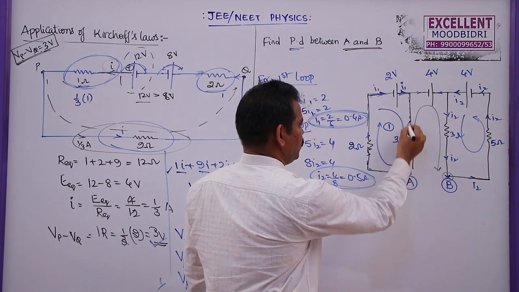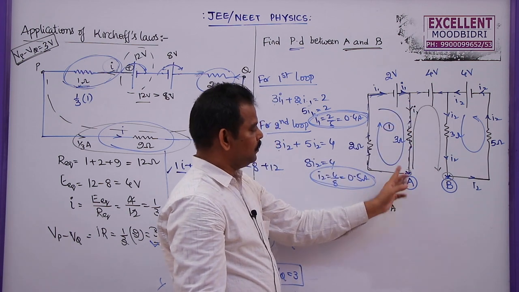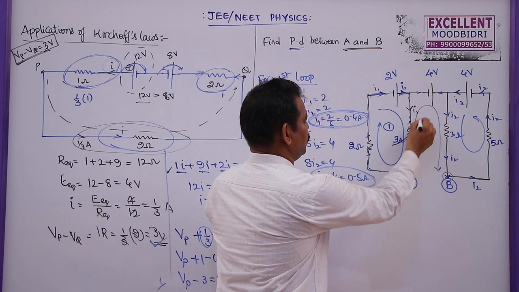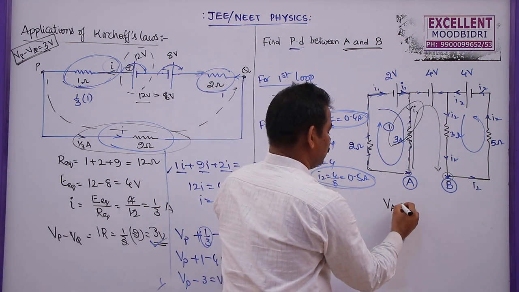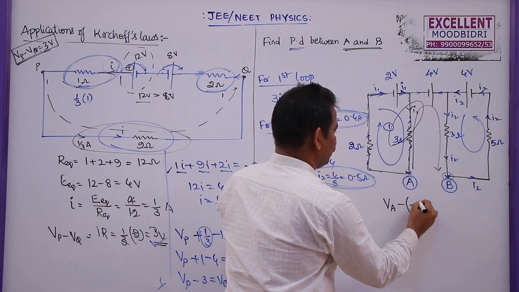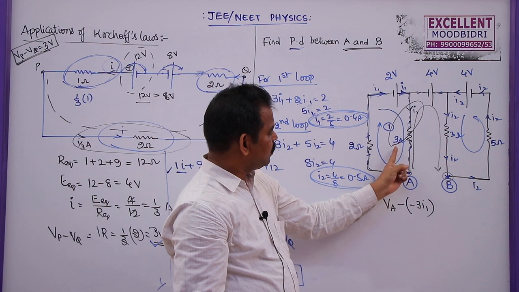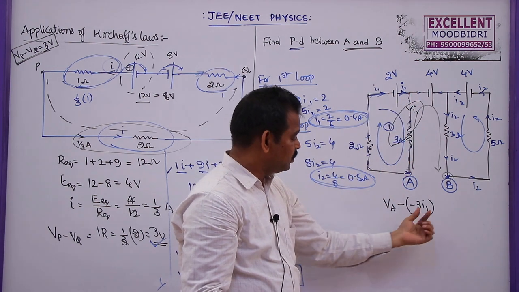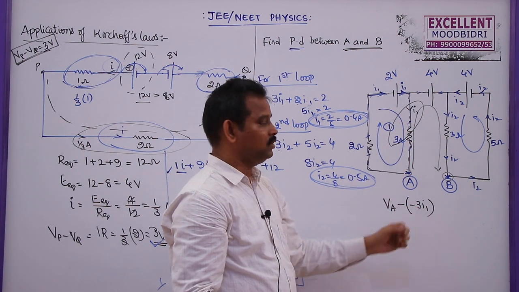As I am moving from here to here, the I1 current is coming down, so I am moving opposite to the direction of current. Potential drop here is 3I1. But as I am moving in the opposite direction, this will be minus of minus 3I1. Remember, the I1 current is coming through the 3 ohm resistance. So what is the potential drop? Minus 3I1. As I am moving opposite to this one, this will become minus of minus 3I1.